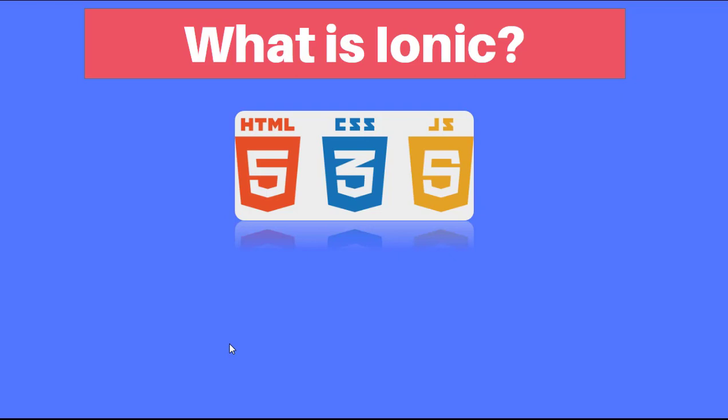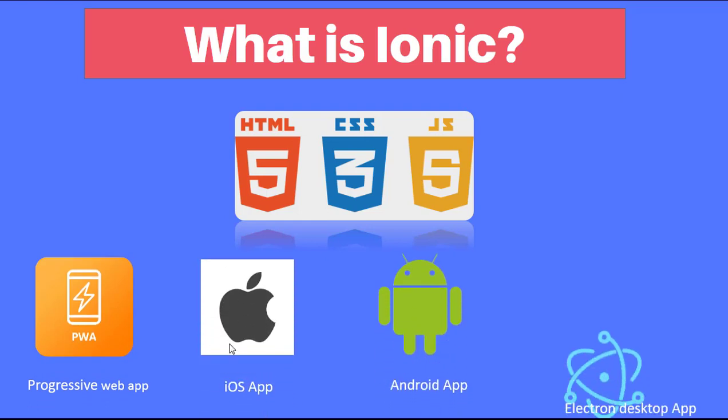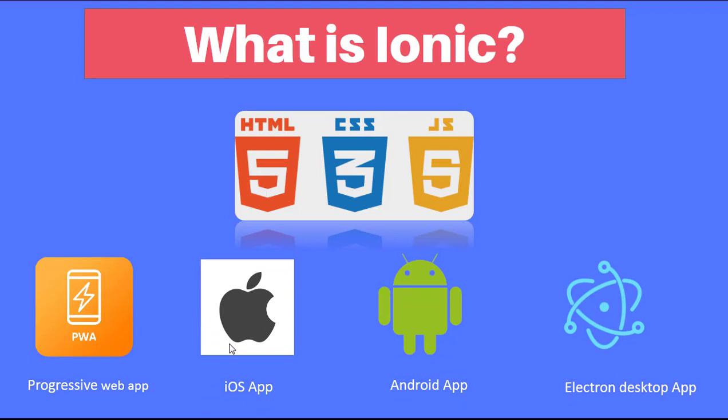Now the second question is: what kind of applications can we create with Ionic 4, right? We can create a progressive web app, we can create Android and iOS apps, and we can create a desktop app as well with Ionic, right? So we can say that we can develop everything we want in Ionic 4 and whatever upcoming versions come out in the future, right?